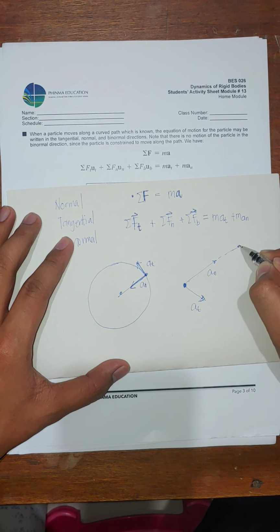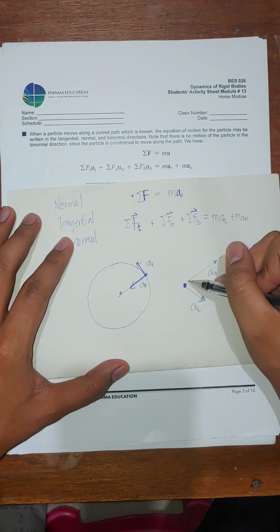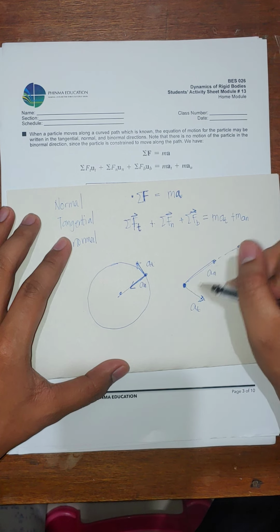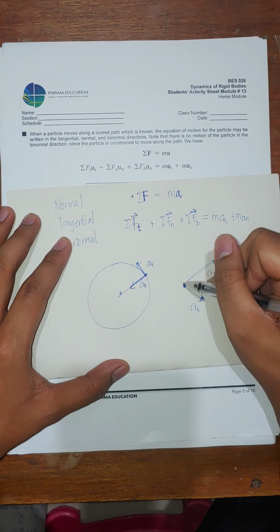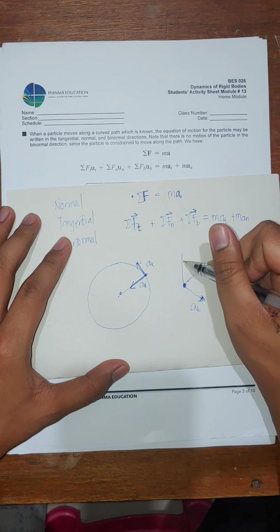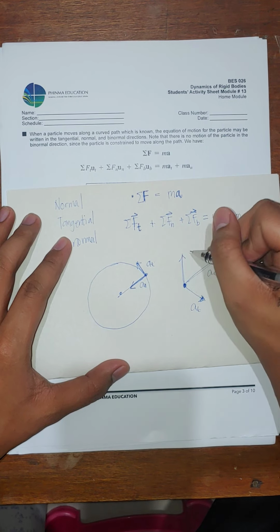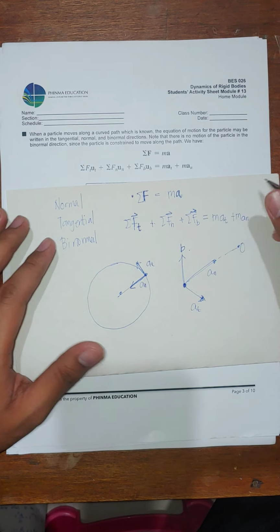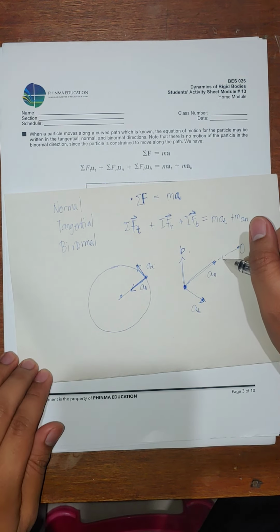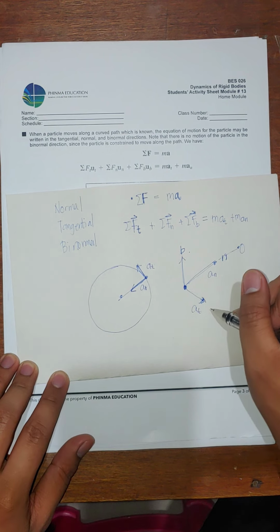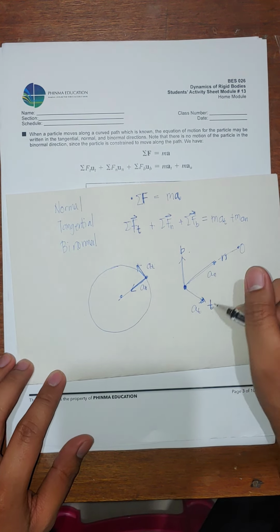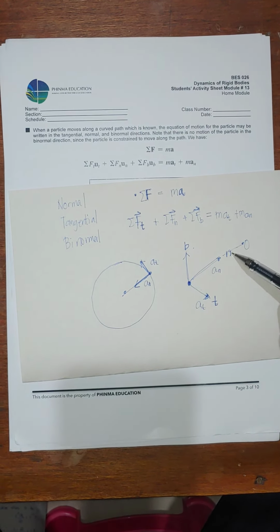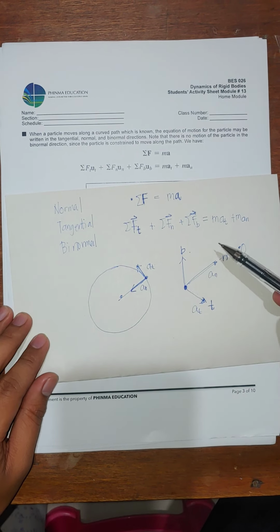Let's say this is towards the center, O. So this is the normal, then this is the tangential. Then this is the binormal component. So we have the binormal axis here, the normal axis on this side and the tangential axis on this side. So, di na tag-xy component but we use the normal, tangential, and the binormal.